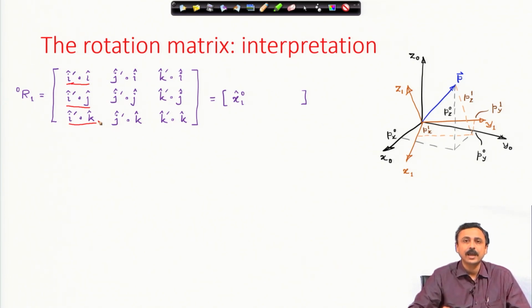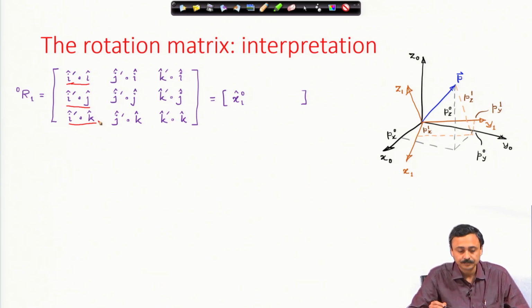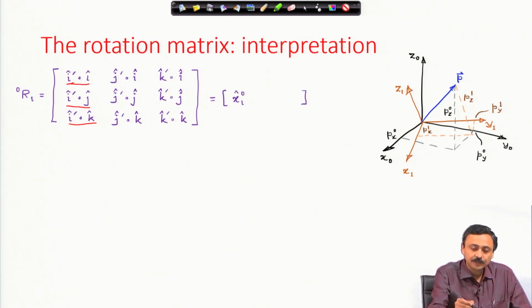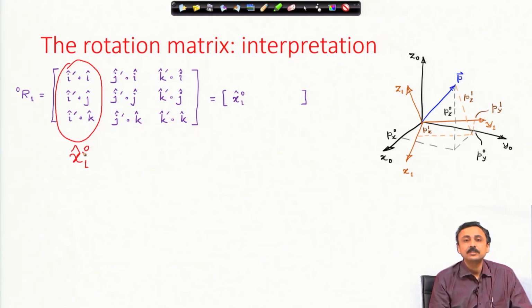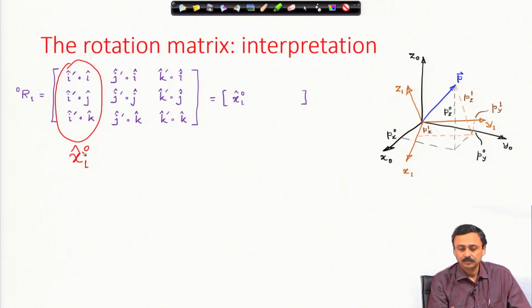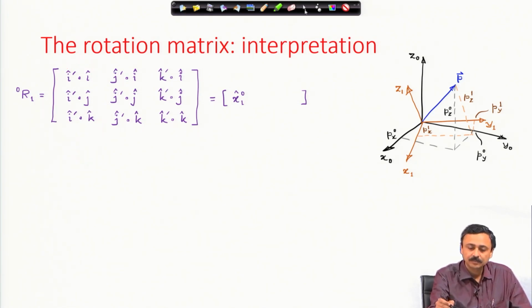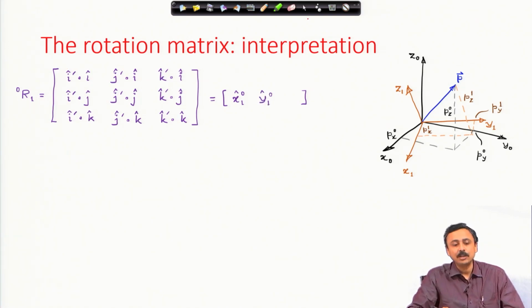because they are all cosines of the angle I prime makes with the x naught axis, y naught axis and z naught axis. Therefore, the first column of this is nothing but the unit vector x 1, its representation in frame 0. Similarly, the second column is the dot product with I cap, j cap, k cap of the unit vector j prime cap.